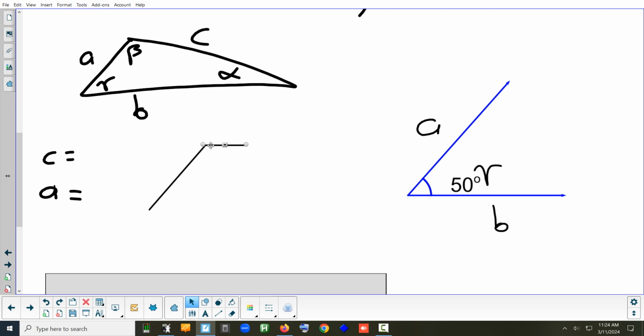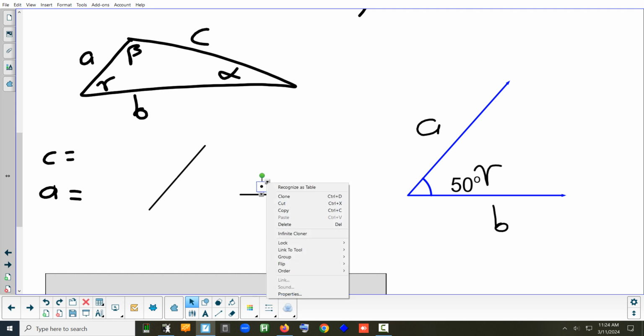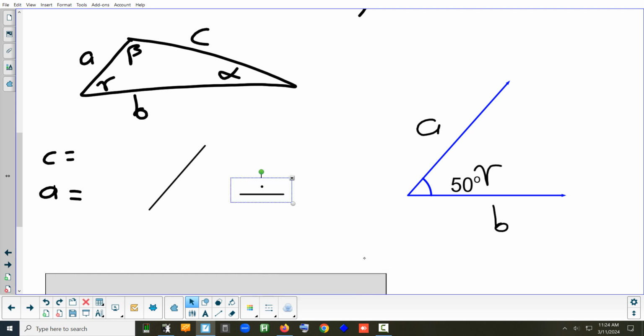Now C is going to be over here somewhere. I can rotate this. In order to rotate it, though, I need that little green handle. So I don't know any other way to do it except to group it with something. And now I can erase that. But since it was grouped with something, now I have the little green handle and I can turn it.